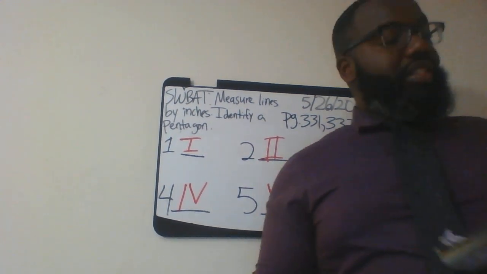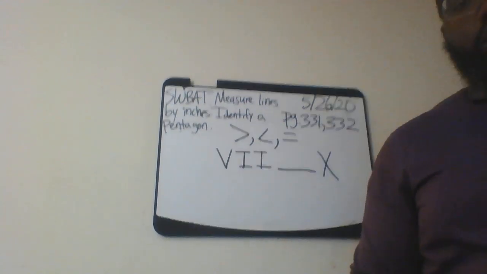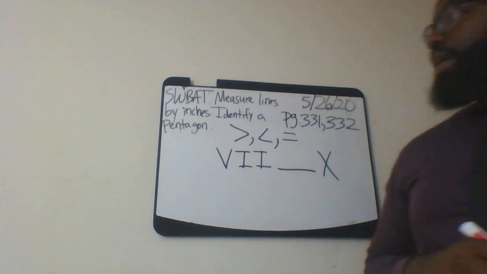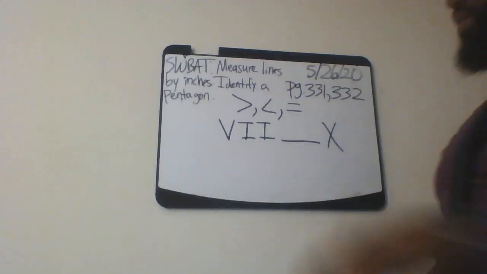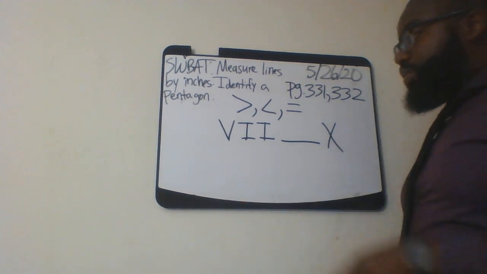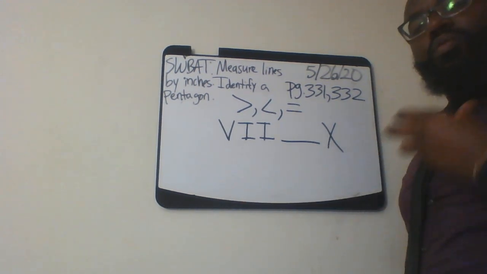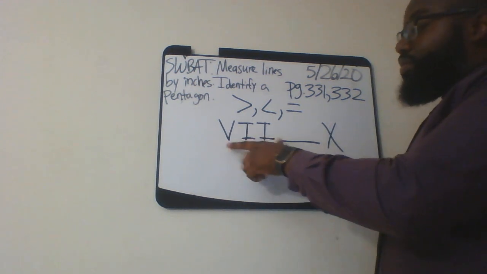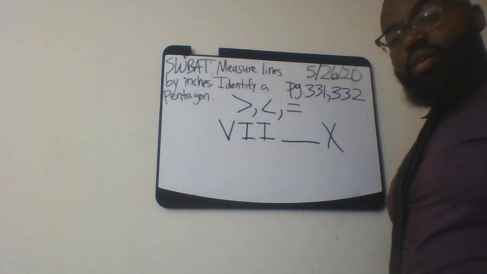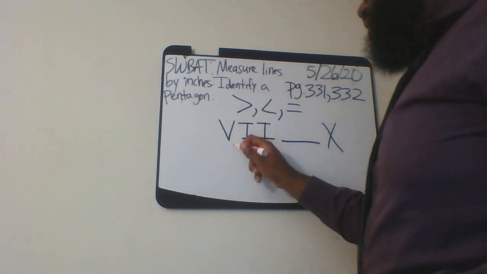Now let's focus our attention on number 3. Okay, so for number 3, we have to write greater than, less than, or equal to. Here we're comparing using Roman numerals, so you have to know what the Roman numerals are and be able to solve the problem. Here we have this. What number does this represent? 7. So I'll write 7 here.